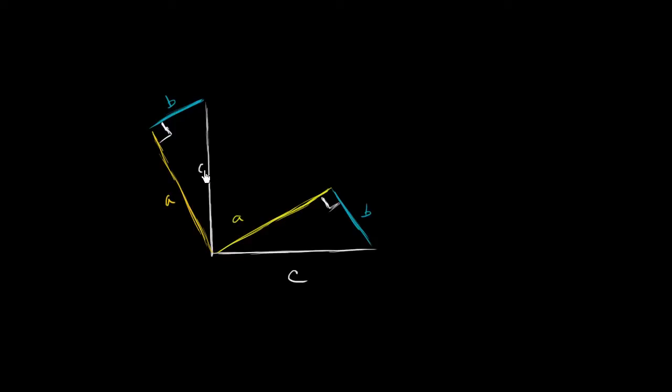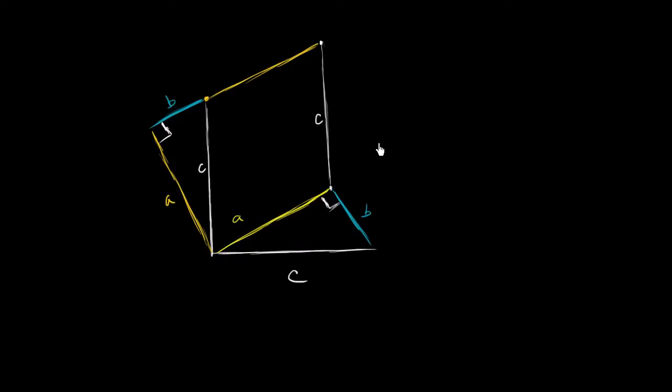This is height C. Now what I want to do is go from this point and go up C as well. So this is height C as well. And what is this length? What is the length over here from this point to this point going to be?